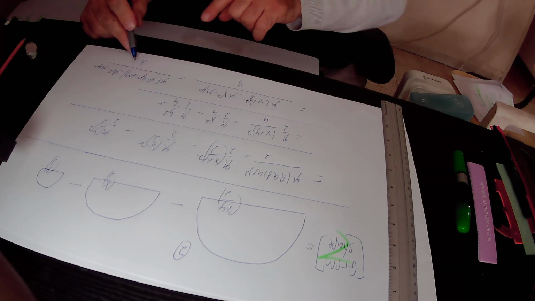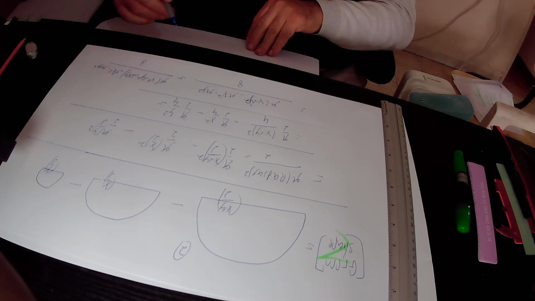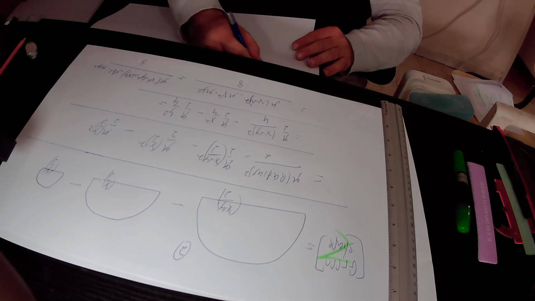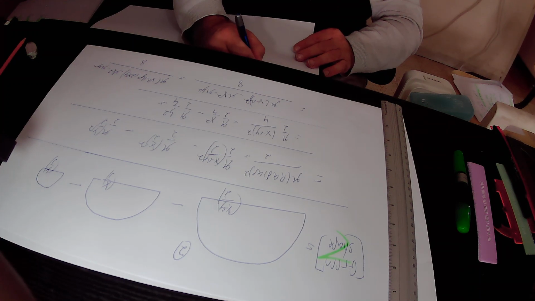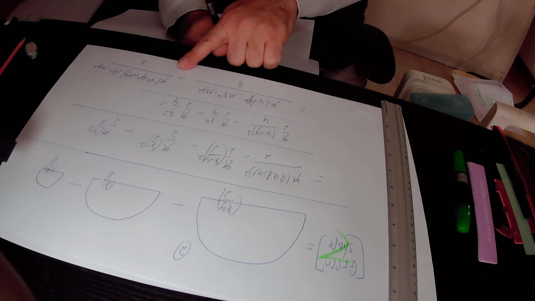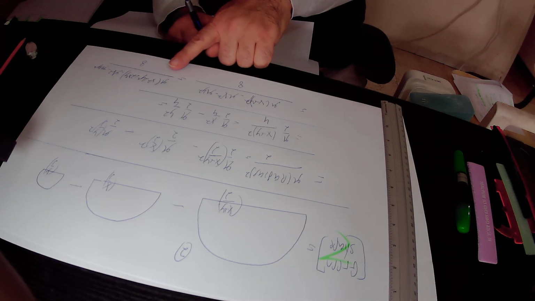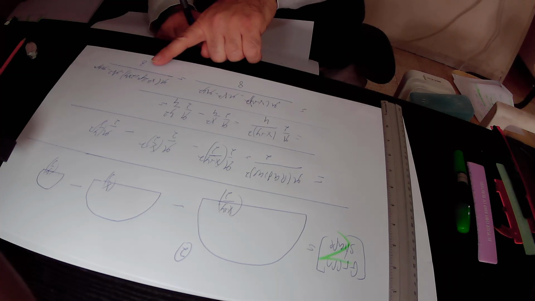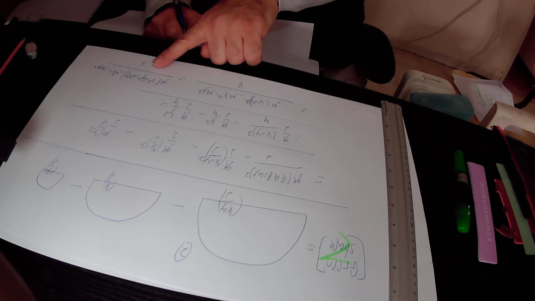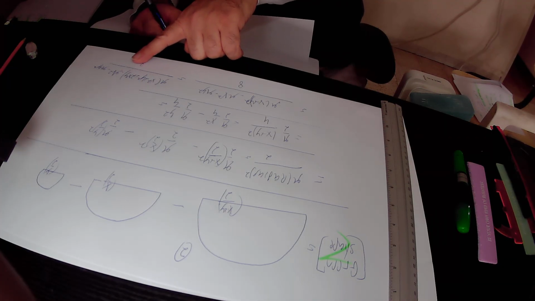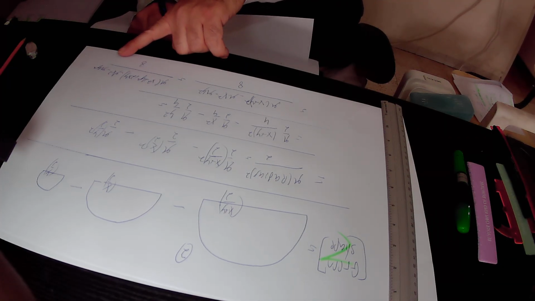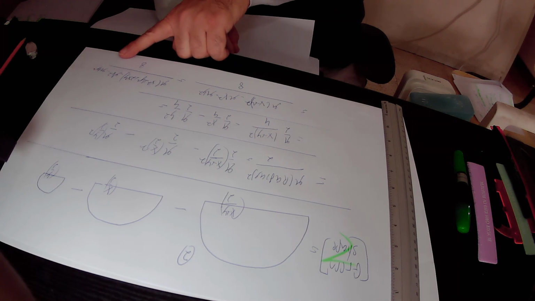We open the brackets of this expression and get that the area of the green shape in total is equal to pi x squared plus pi y squared plus 2 pi xy, minus pi x squared minus pi y squared, all divided by 8.